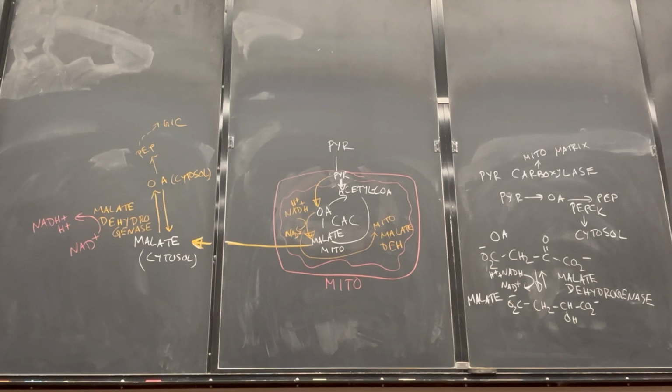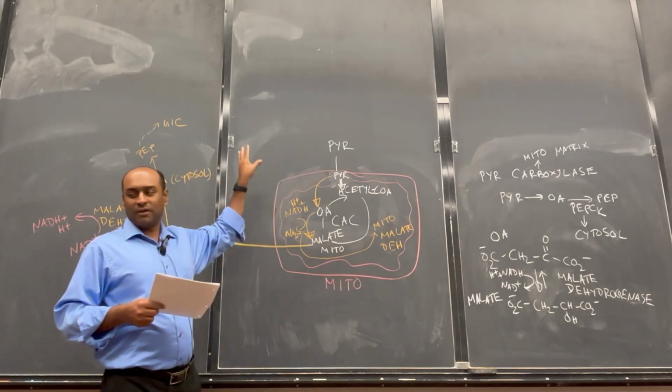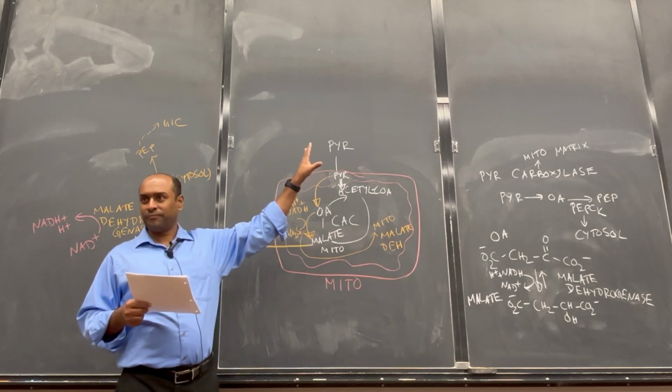Just to recap, what happened here? We made pyruvate in glycolysis, right? Pyruvate, then under gluconeogenic conditions, we want to convert pyruvate back to glucose, right? And all of glycolysis happened in the cytosol.